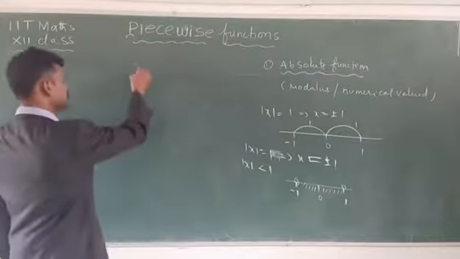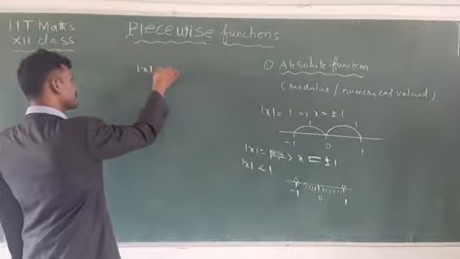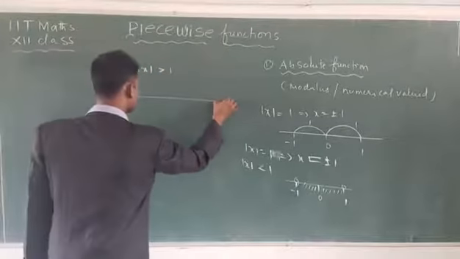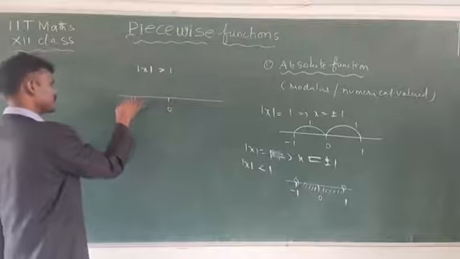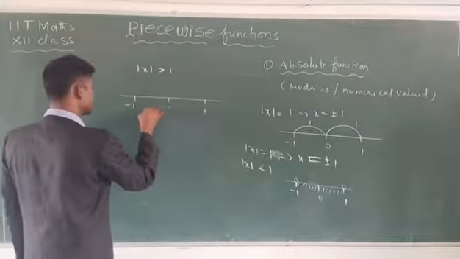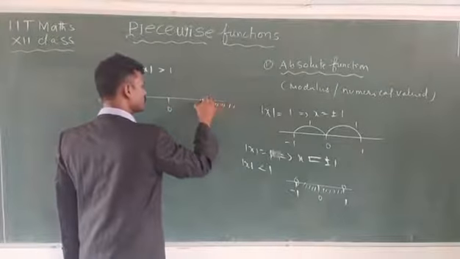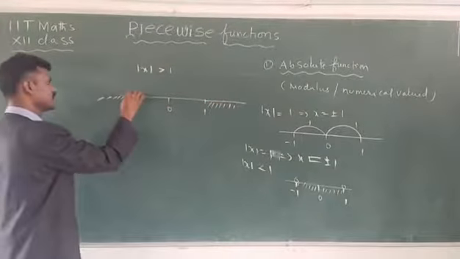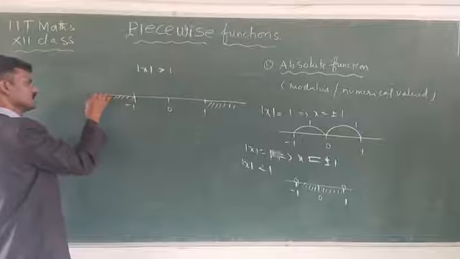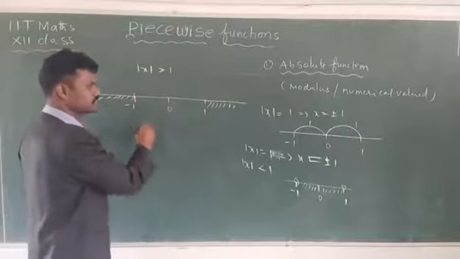Now you can take the third case, modulus of x is greater than 1. With respect to the origin, this means more than 1 unit on the left side and more than 1 unit on the right side.